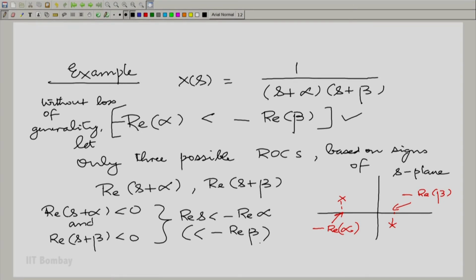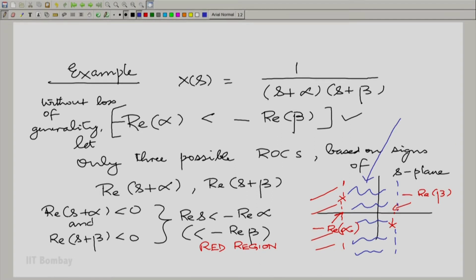So, it means we are talking about this region, which I am now going to shade in red, or I could have the region which I am shading now in blue. So, I draw a vertical line here and draw a blue shaded, wavy blue region. In this region, we are talking about real part of s lying between minus real part of beta and minus real part of alpha.